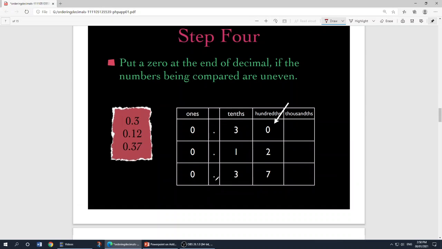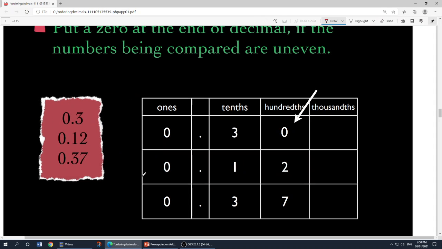So next, we need to add a 0 to 0.3, because if you see, the other numbers have hundredths, but this only has tenths. So let's put a 0 in to remind us that there are no hundredths, 0 hundredths.